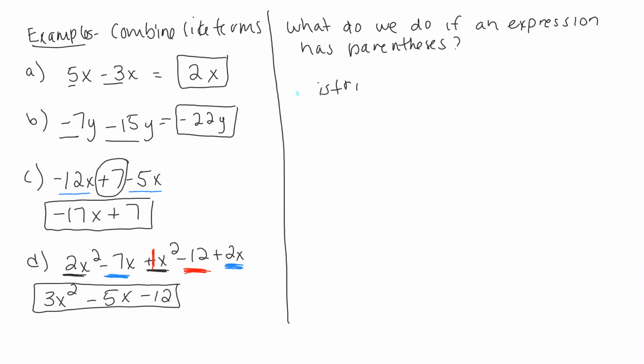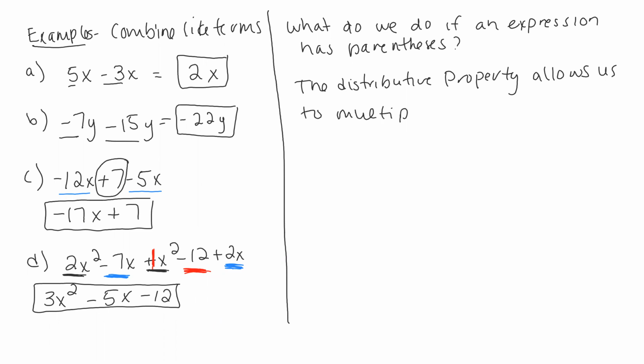Ooh, that got messy. So the distributive property allows us to multiply through addition or subtraction.